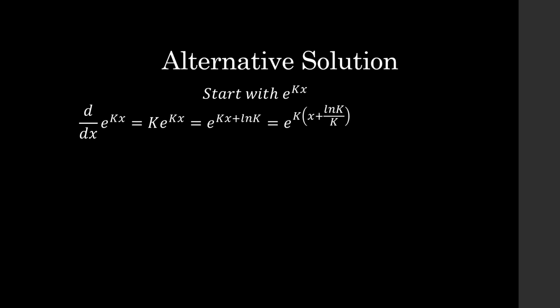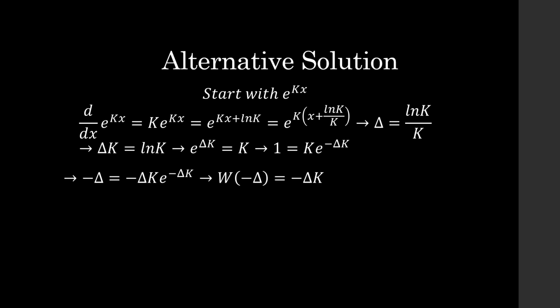There is an alternative solution to this, just a little bit different. If we start with e to the kx being our function that we wanted, we can take the derivative, take the log, separate out that k, then get delta equal to log k over k, then go through the process to solve for k, which gives us this form, negative Lambert W of negative delta, over delta.